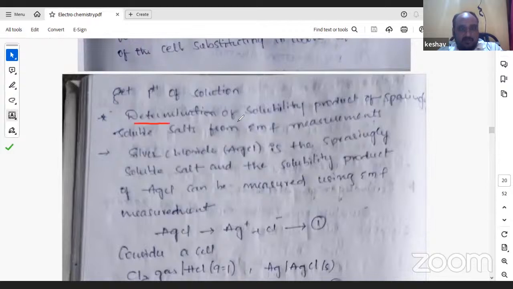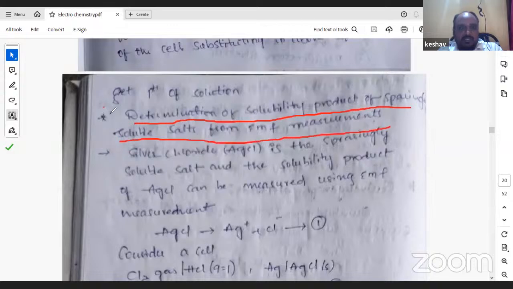Determination of solubility product of sparingly soluble salts from EMF measurements. This is the question only, right? So one is the pH, second one is the liquid junction potential, third one is the solubility product, fourth one is the potentiometric titrations. Out of these 4 questions, definitely you will get one question in the examination. 100% you will get one question, right?